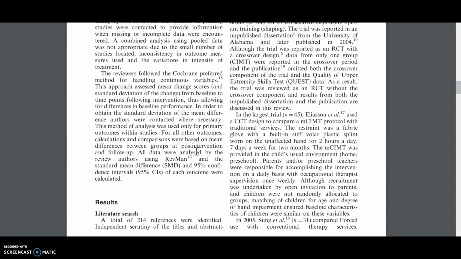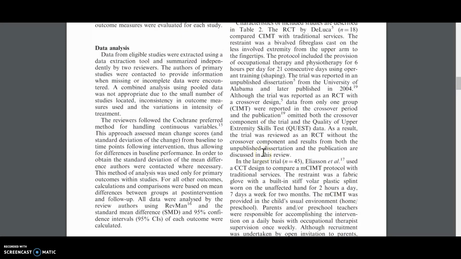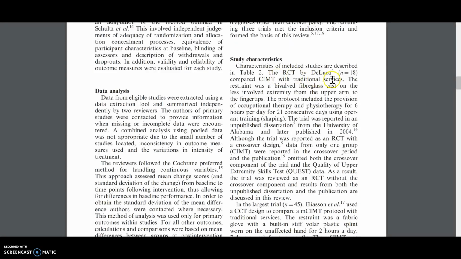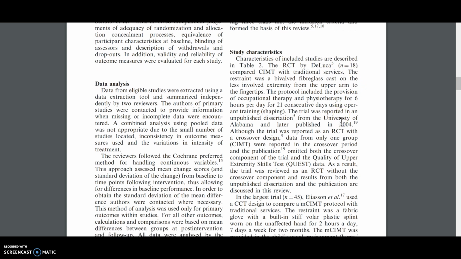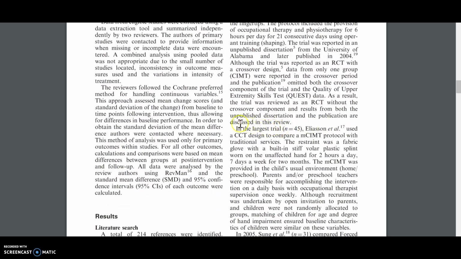So I'm going to go down. Or actually, I want to go back to study characteristics. So the graphs will include characteristics of the studies that they used, and then within here they'll talk about the different trials from the different articles. So like the largest trial had 45 subjects, and here's the author, and they use this kind of design to compare this type of protocol with whatever they did, right?